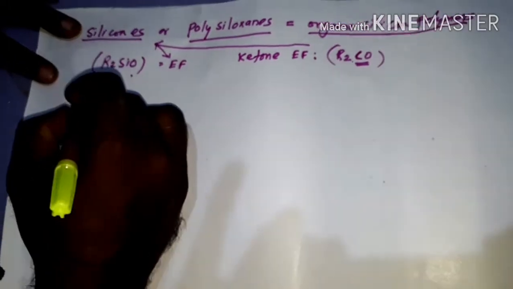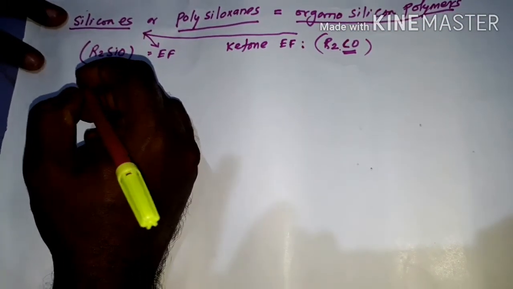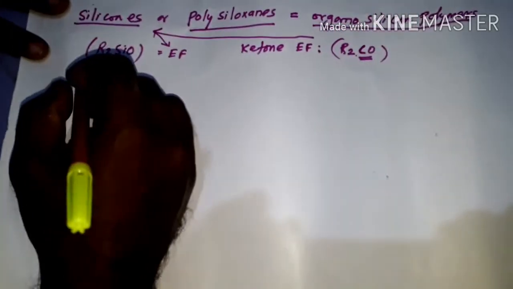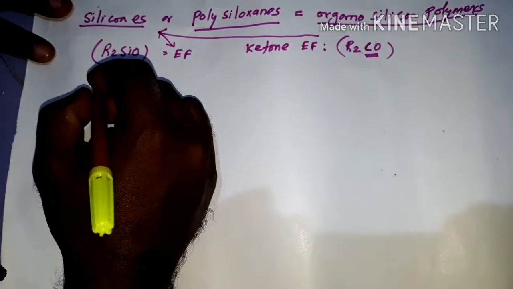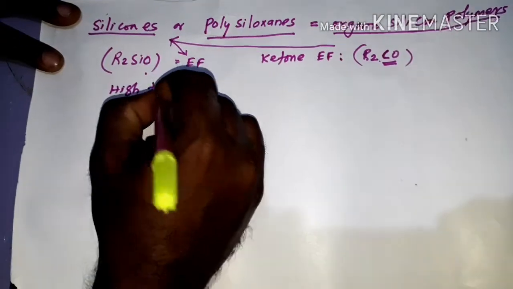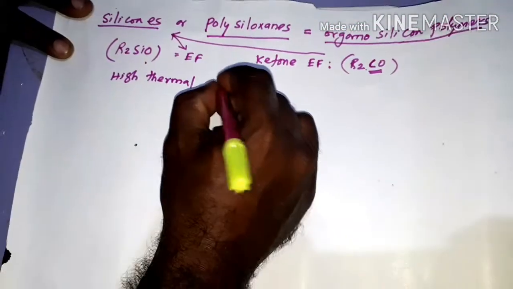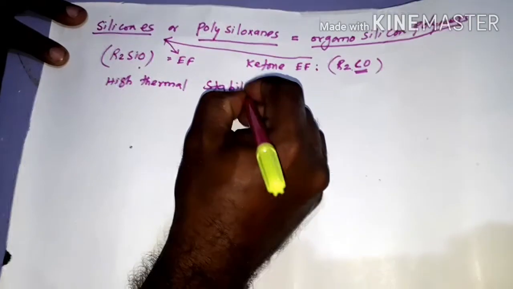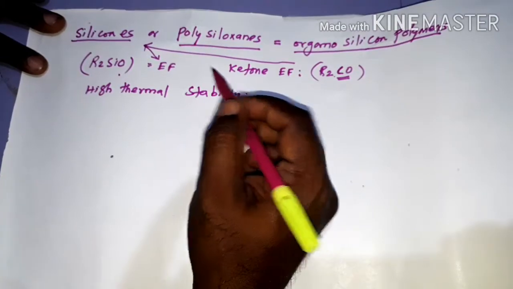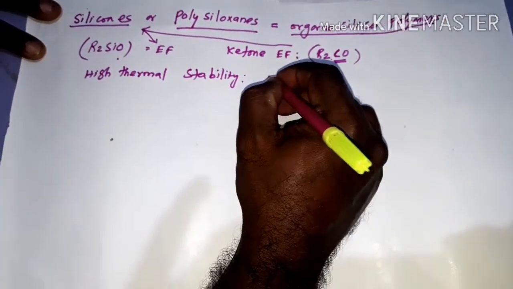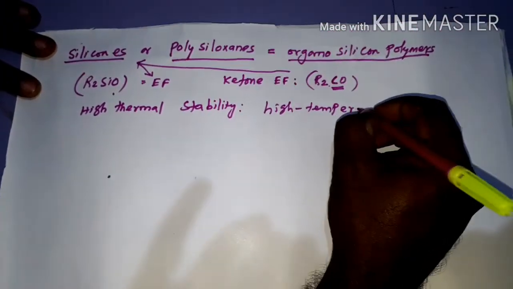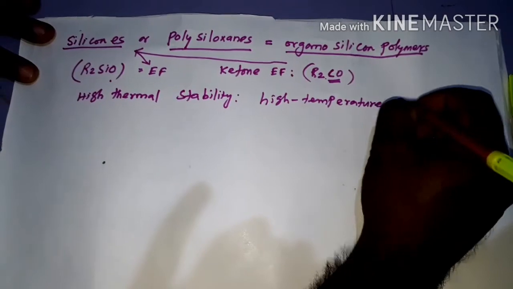Also, there are three types of silicones that you will study later, and they have high thermal stability. You require a higher temperature to break or decompose these silicones, so they are called high temperature polymers.